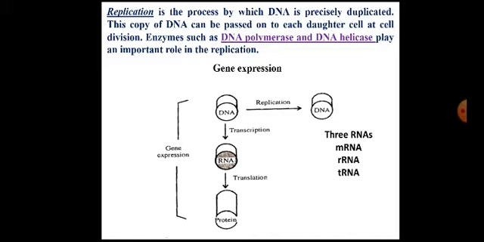So this process involves the role of three types of RNAs: mRNA, that is messenger RNA; rRNA, that is ribosomal RNA; and tRNA, that is transfer RNA. mRNA is synthesized from the DNA, in which the information which is present in one of the strands of DNA is transferred in the form of nucleotides into RNA, which is called as messenger RNA.